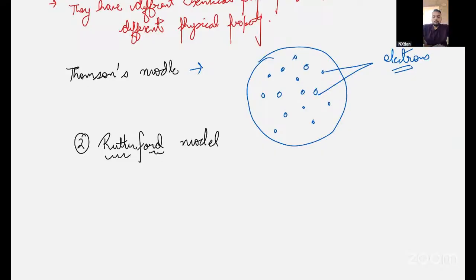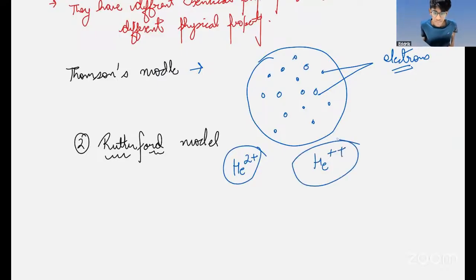So he smashed the alpha particles through the gold foil. Now what is an alpha particle made up of? An alpha particle is a helium nucleus, that is, helium minus the two electrons. You can write He two plus, because in an MCQ it can come. Some books also write it as helium double plus.